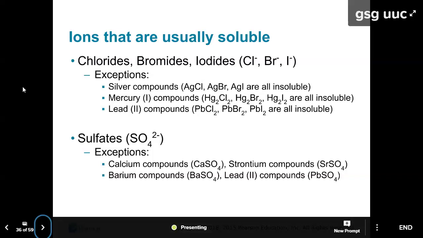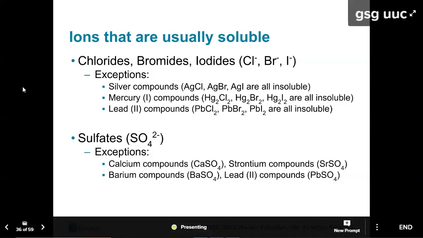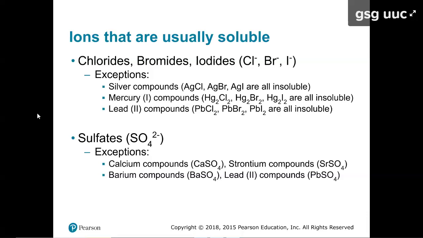It's going to sound extremely corny when I say this, but an easy way to remember the exceptions here. For exceptions, we need to go to good old Merle. Merle's halides are insoluble.